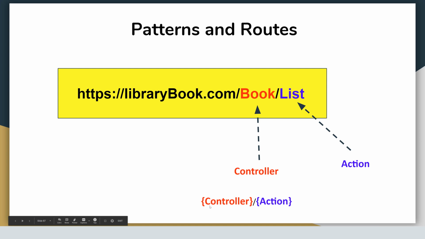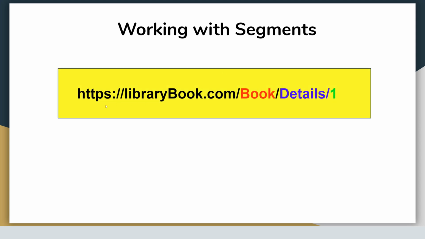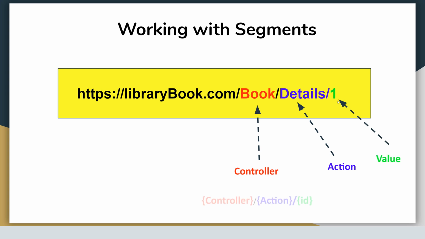So we have the URL, and it must contain the name of the controller and the name of the action. Now we will see working with segments. For example, we have this link: Book is the name of the controller, Details is the name of the action, and then which book? It's the ID of the book, which is 1. For that value 1, our URL must contain the name of the controller, the name of the action, and the ID.